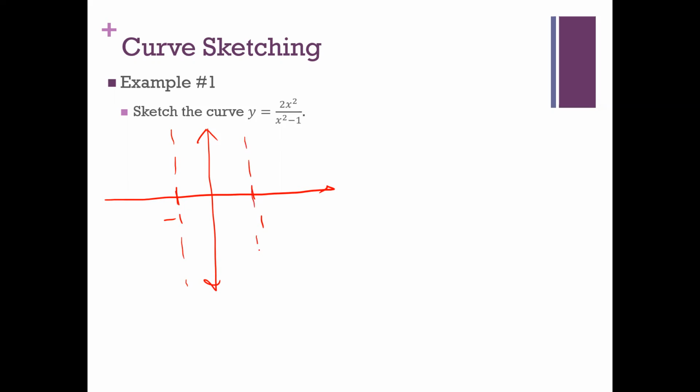Where was my intercept? At 0, 0. Right, at the origin. All right, so I think I can say that about this graph so far, right? Yeah. I feel like I need more help though. So what other information can I look for?